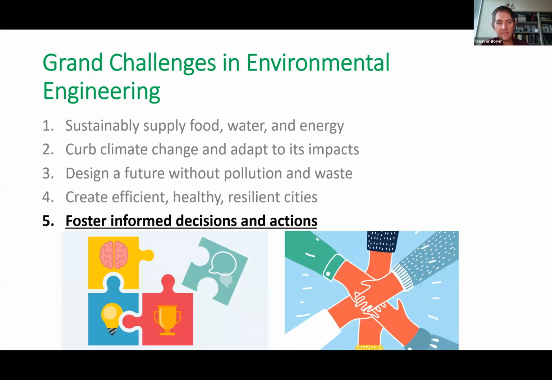And then finally, as I've mentioned, to really turn all these ideas into actions, you need a diverse team. You need a team that's able to sort through all the information that's out there, and understand that not all information is created equally. And as a scientist or an engineer, we know that there are limitations to the data we collect and generate.